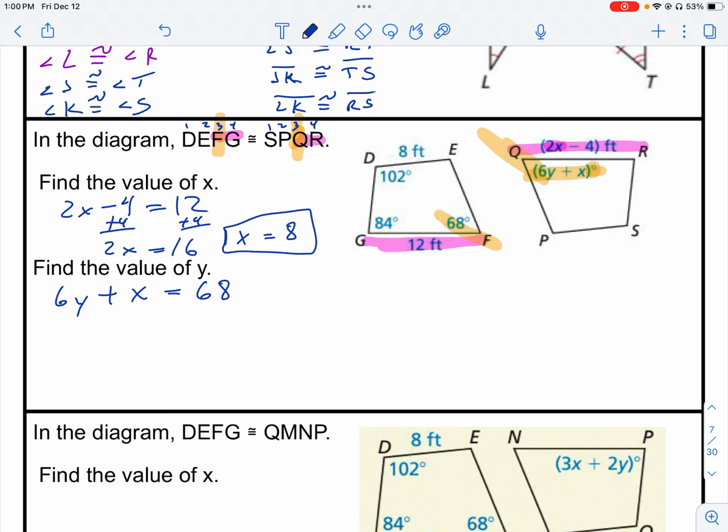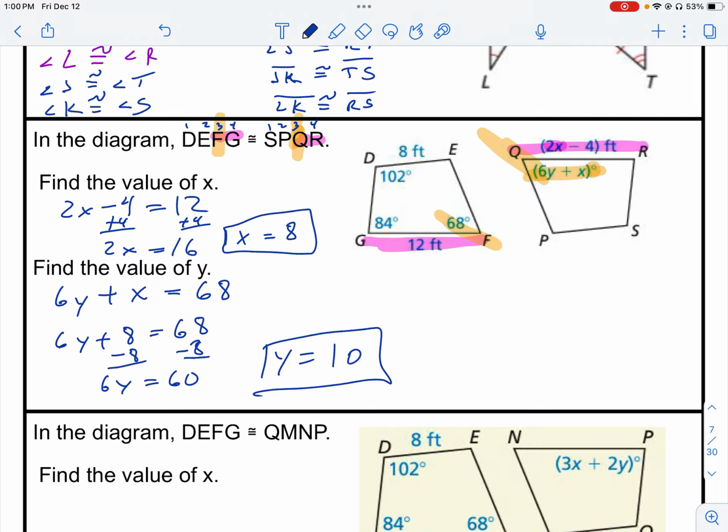Well, we know x equals 8, so we'll plug that in, and then we'll just do our algebra. And y equals 10. So this is how the corresponding parts of congruent figures helps us.